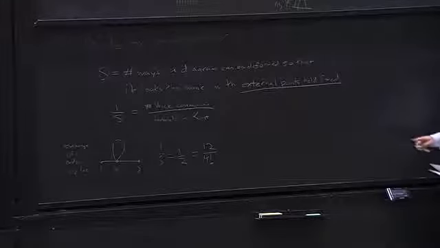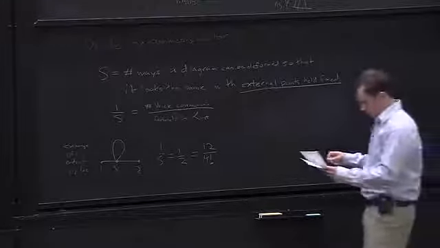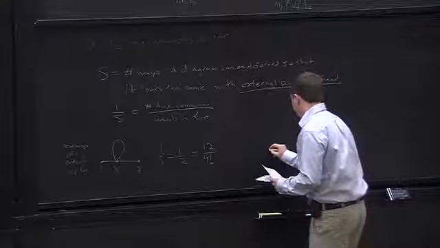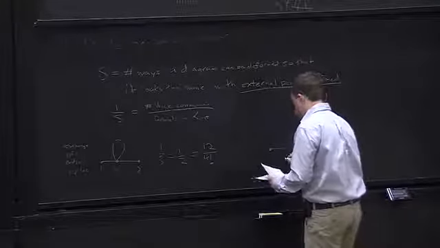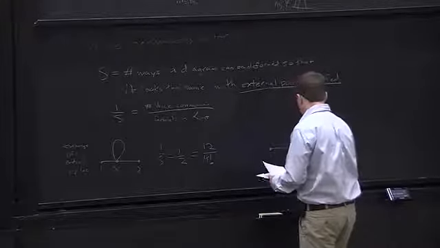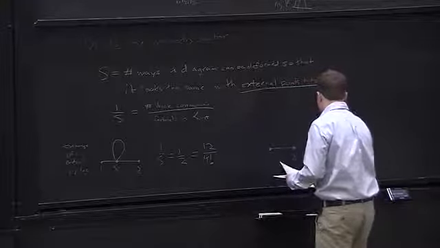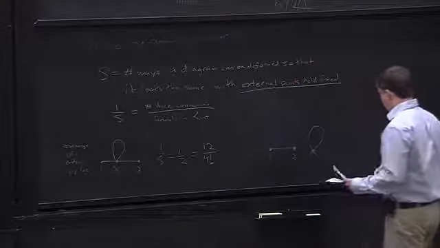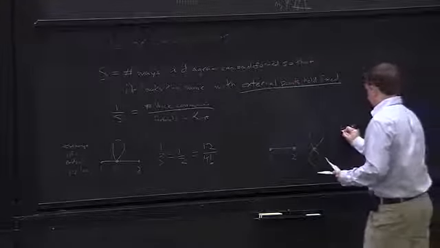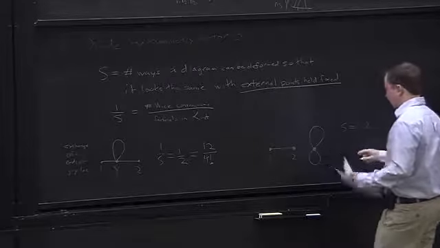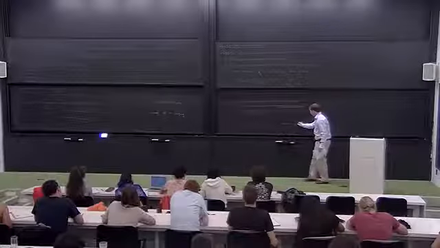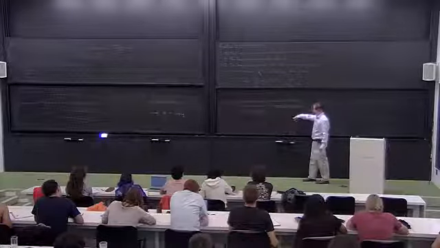Okay. Let's look at the other one just to make sure that you understand how this works. So our other diagram was this diagram. And this diagram has a symmetry factor of 2. We can exchange the two ends of this upper line.